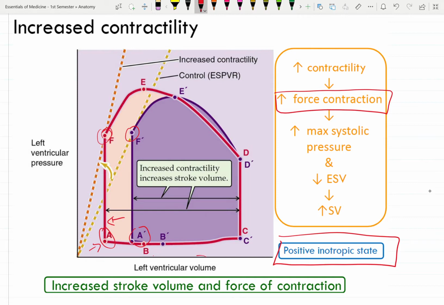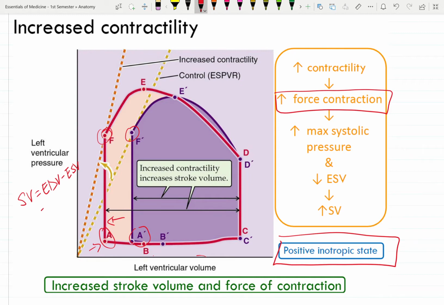Okay. What does a decrease in end systolic volume mean? Well, again, always look at the formula. Stroke volume equals the difference between end diastolic volume and end systolic volume.